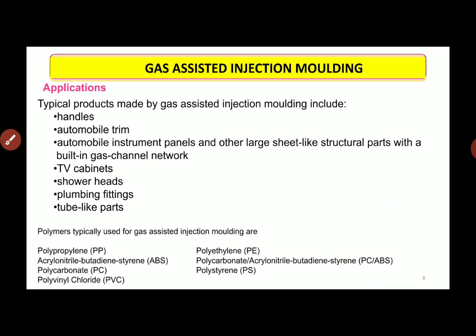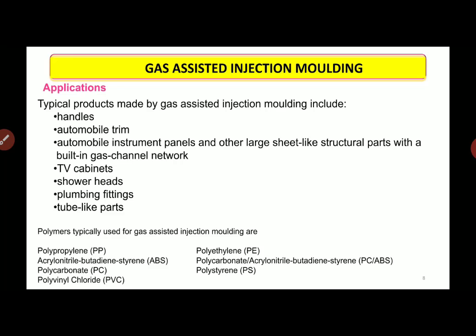Now we shall discuss the applications of gas assisted injection molding. Typical products are handles, as we saw earlier, automobile trim and instrument panels, other large sheets, structural parts with a built-in gas channel network, TV cabinets, shower heads, plumbing fittings, and many tube-like parts.